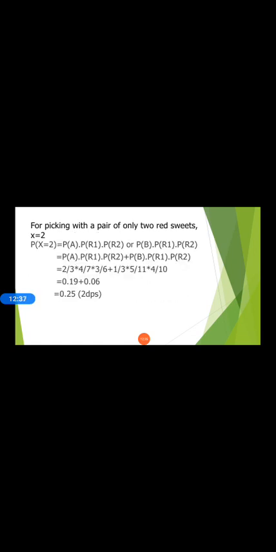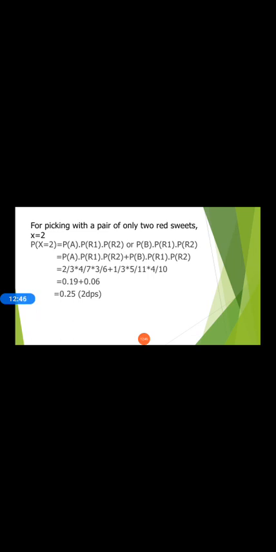So that means we have only one red sweet. We shall substitute in the numerical values from our tree diagram, and the answer we shall get is 0.56 to 2 decimal places.